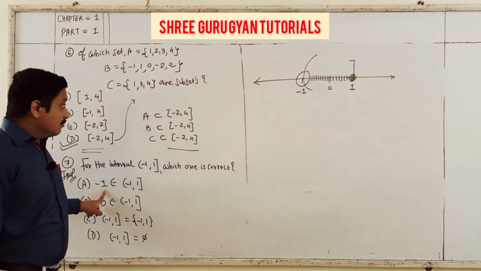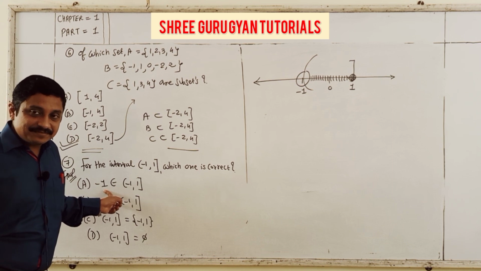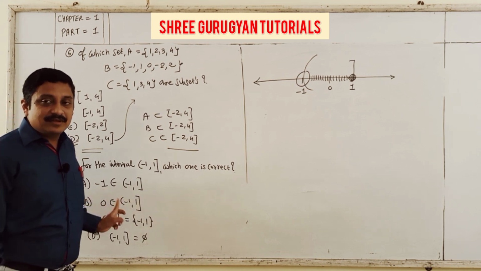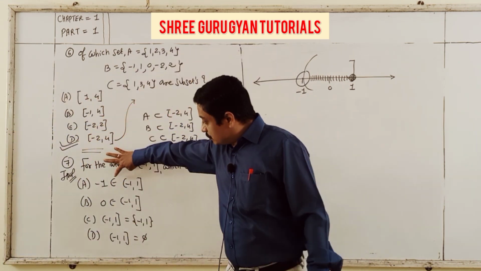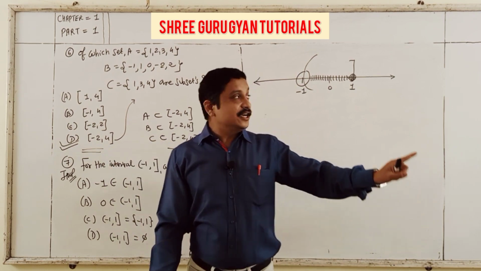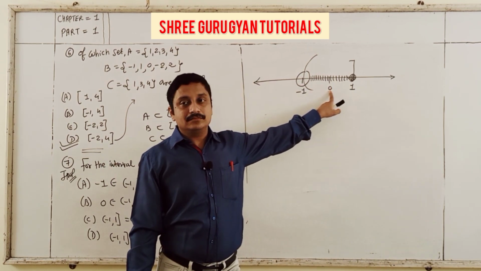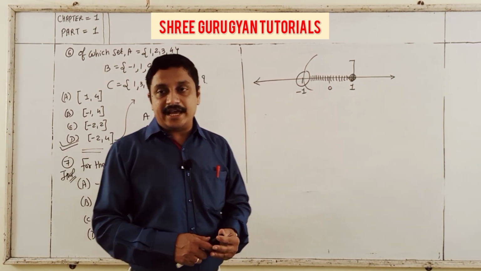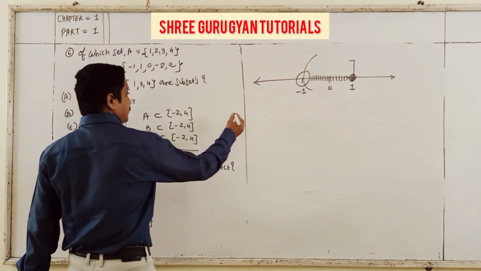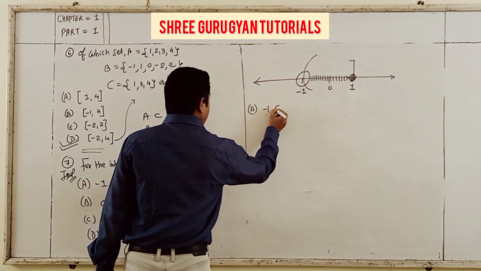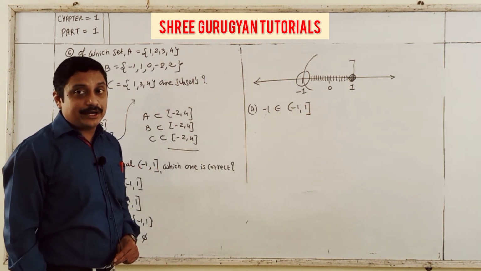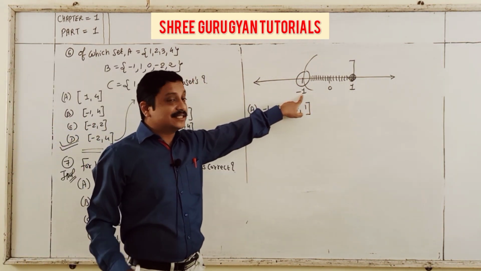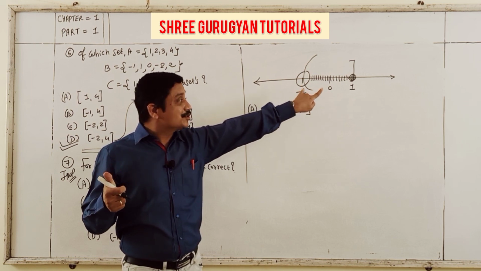First check: -1 belongs to the interval is correct? Just tell me whether it is correct or not. A said -1 belongs to -1 to 1. No, it does not belong, because there is no element in this shaded portion.